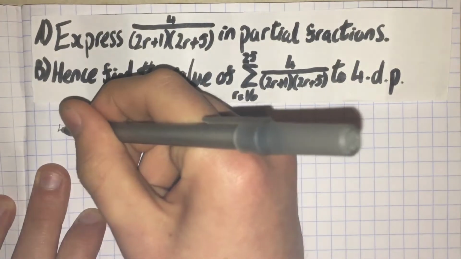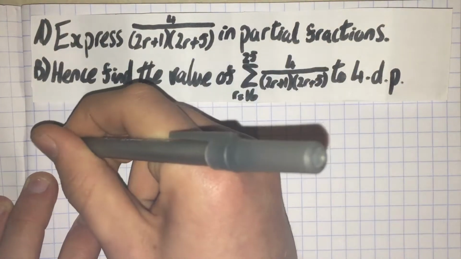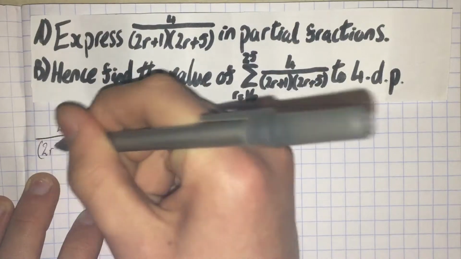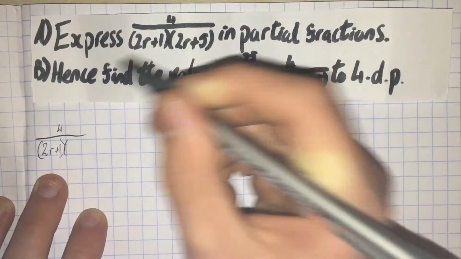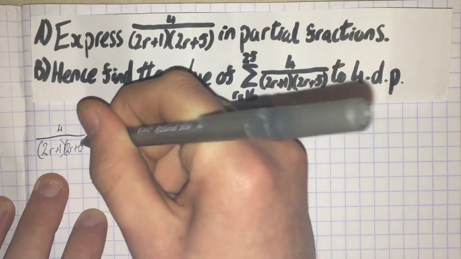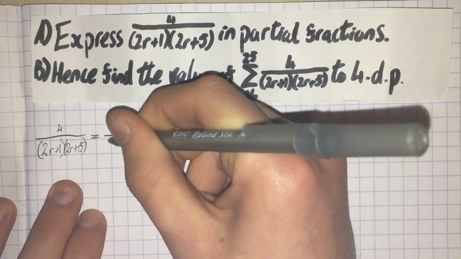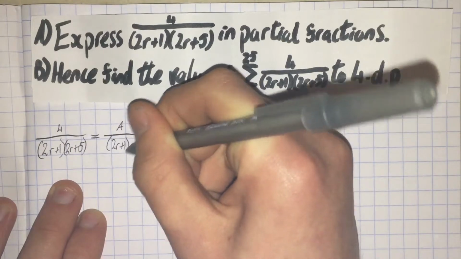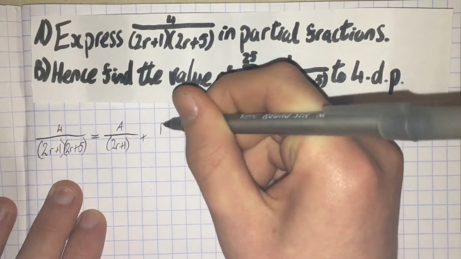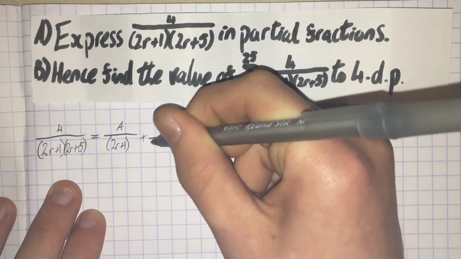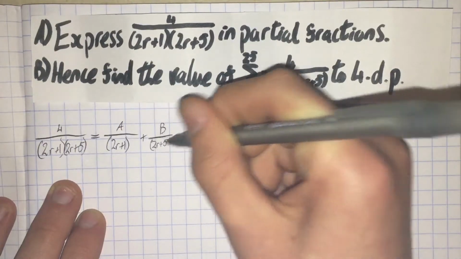So we're going to have 4 over 2r plus 1 times 2r plus 5 equals a over 2r plus 1 plus b over 2r plus 5.